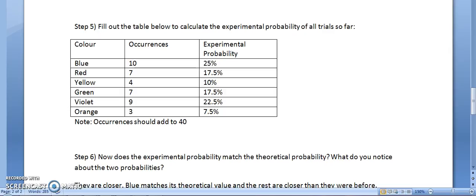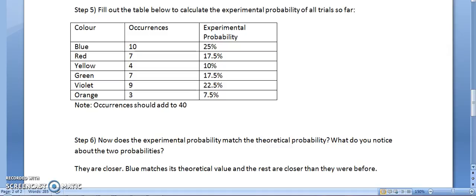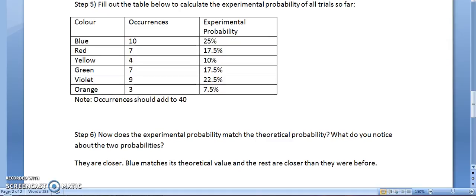Now, again, your results are going to be different than what you see here on mine, but I found that mine are closer. My blue experimental probability actually matches my theoretical probability, as they are both 25%, and the rest, I would say, are generally closer than they were before. Red is a little bit high, and yellow is a little bit low.